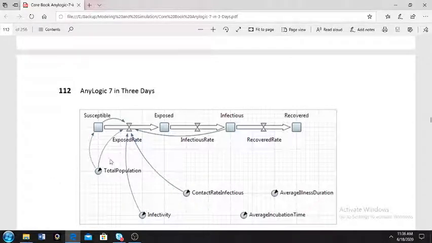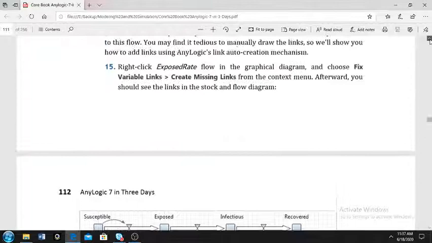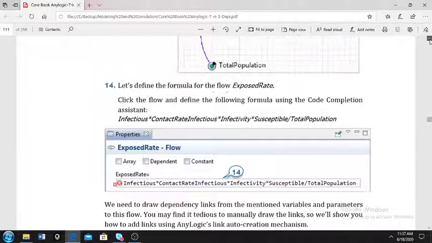But this total population, as you can see, is going to be kind of constant. Effectivity is also a constant. This one also is a constant. All these are auxiliaries because they are constant, because they are fixed. We have defined them somewhere, but they are auxiliaries.